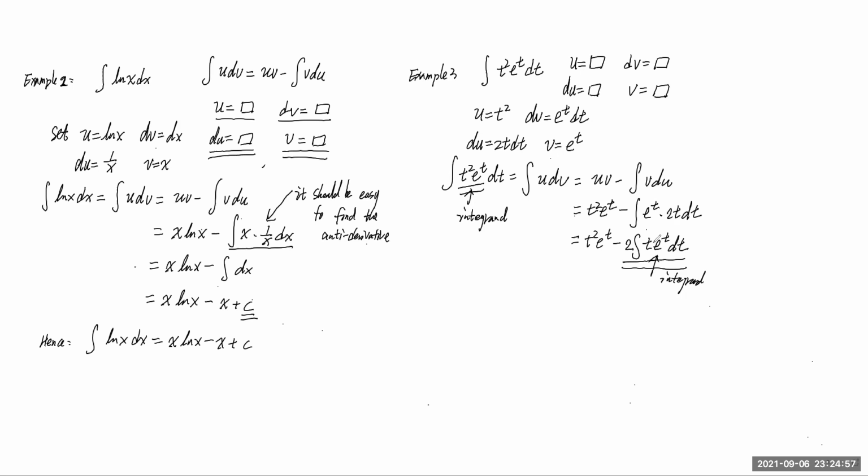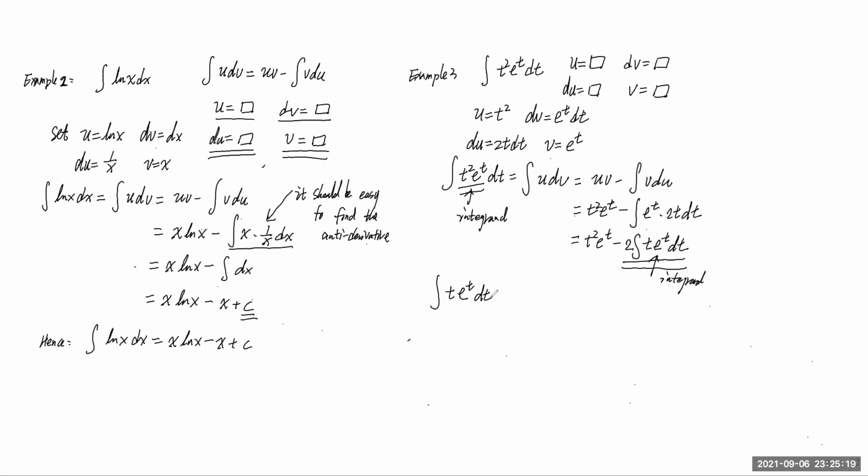So now let's look at the second term, the integral of t e^t dt. We still don't know the antiderivative directly. So how do you do it?